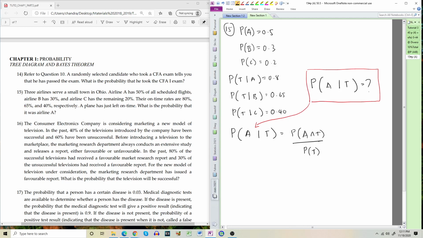For you to find this kind of question, we have done this previously in Bayes theorem. For you to find this, you need to have this one, but since this probability you don't have, in fact that is the question anyway.